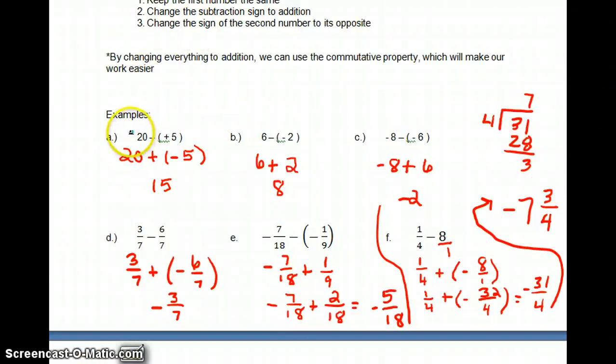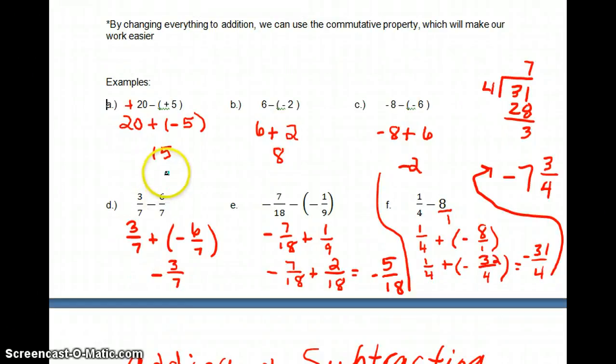For this first example, we had 2 positives. We had a 20 and a 5. They were positives. We ended up just subtracting those. It was 20 minus 5. We just did that math. When we did this, both of our signs were the same after we did that keep, change. 6 plus 2.